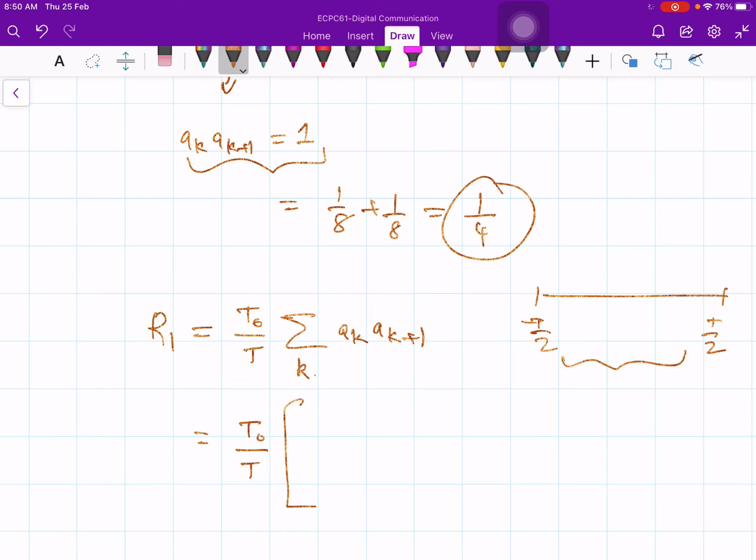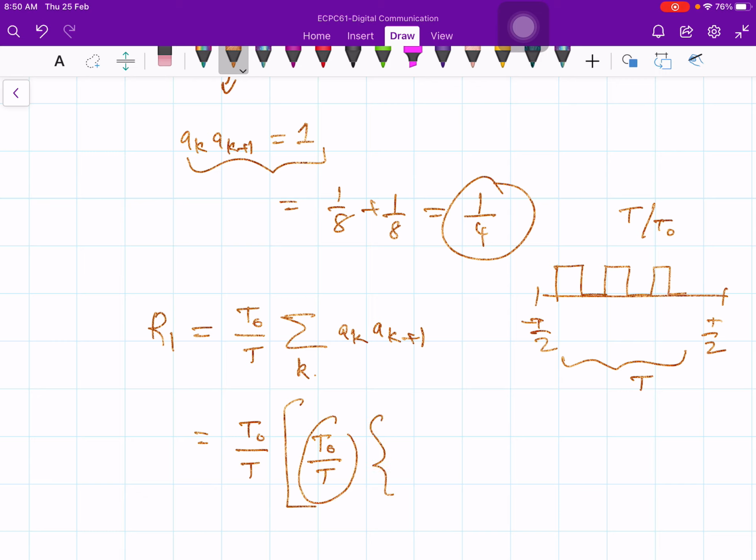So the total width is T. So how many pulses do you have in this total width? Total length is T divided by T naught pulses. So out of T by T naught pulses, this is the total number of pulses.